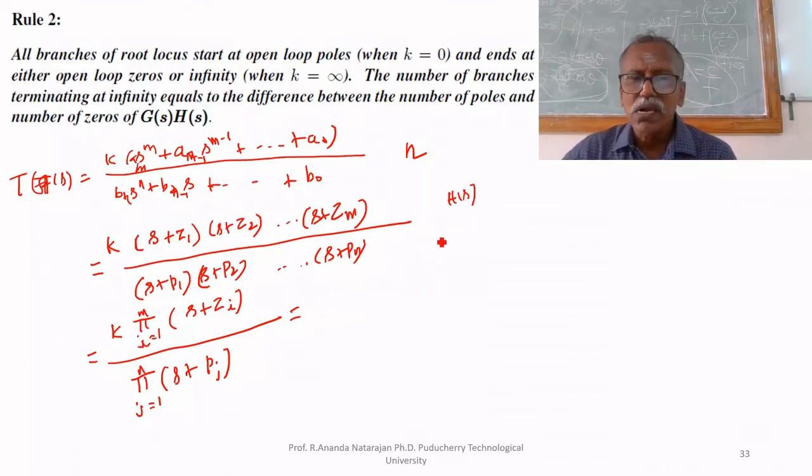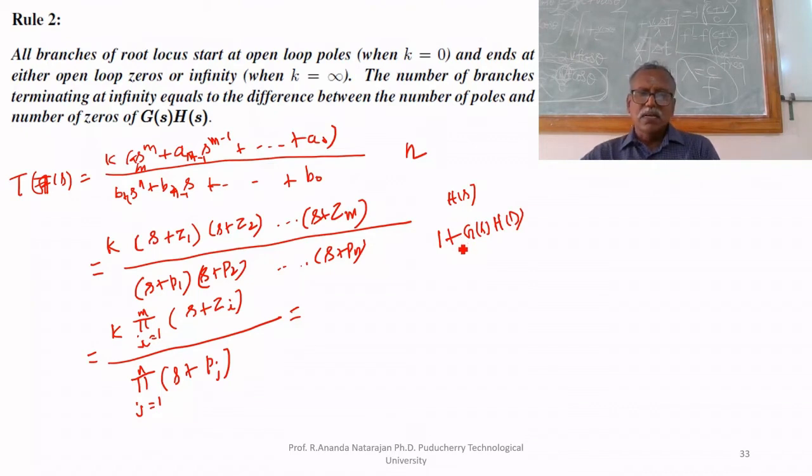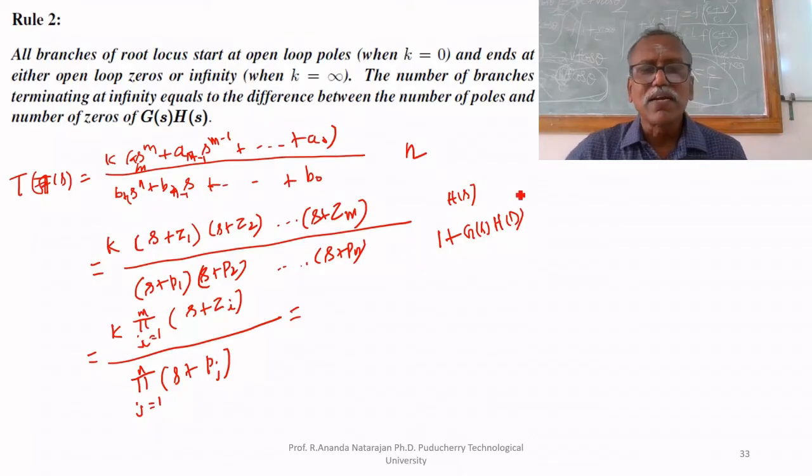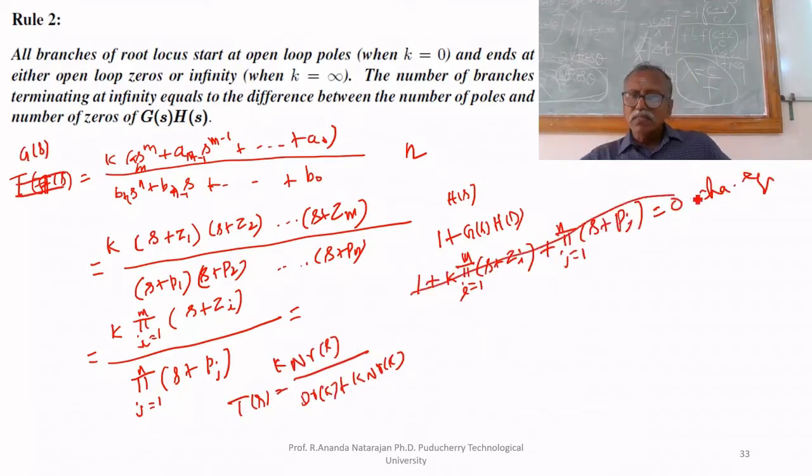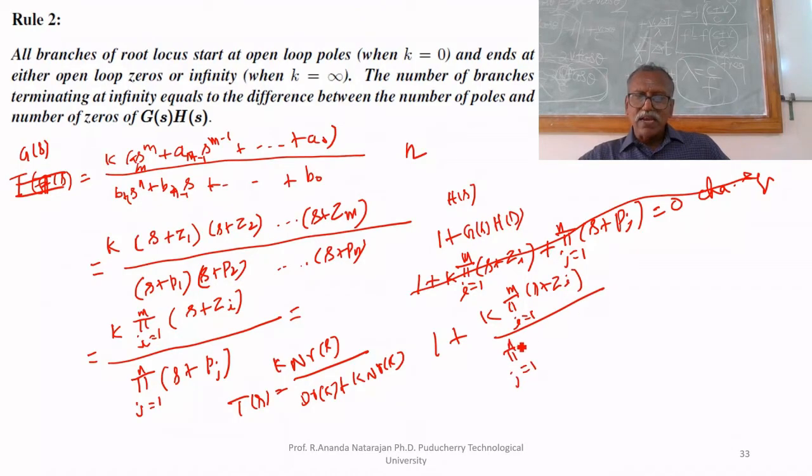this 1 plus G of S H of S can be written as sum of numerator polynomial plus denominator polynomial. That characteristic polynomial is 1 plus G of S H of S. That is K times the product of I equal to 1 to M, S plus Zi, upon product of J equal to 1 to N, S plus Pj, equal to 0.